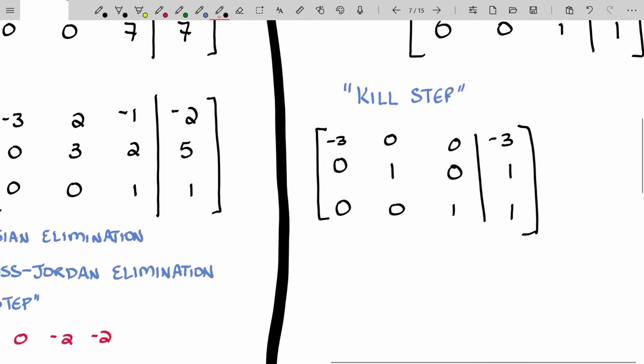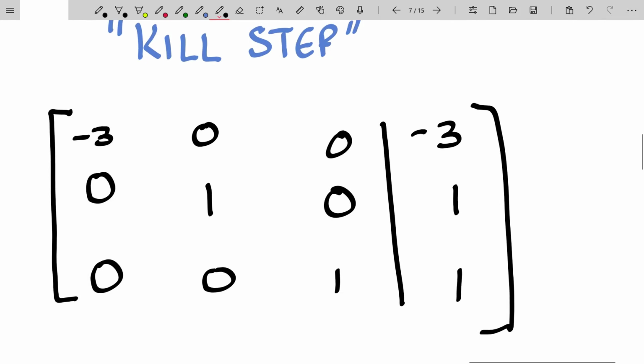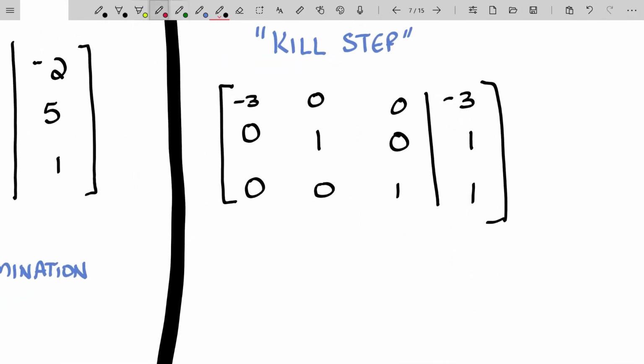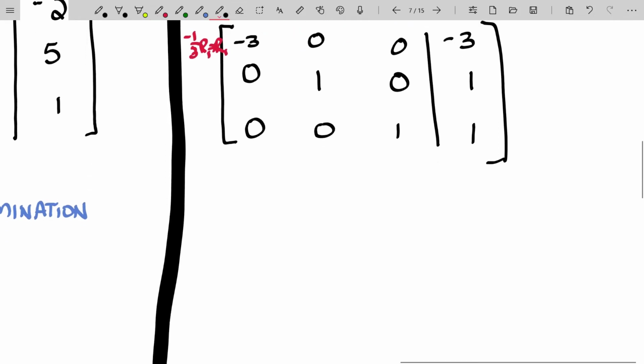And finally, you can see the last step here, divide that full top row by -3. So I'm going to write it as -1/3 times row 1 becomes the new row 1. Barely fit that in there. But you get down to this.